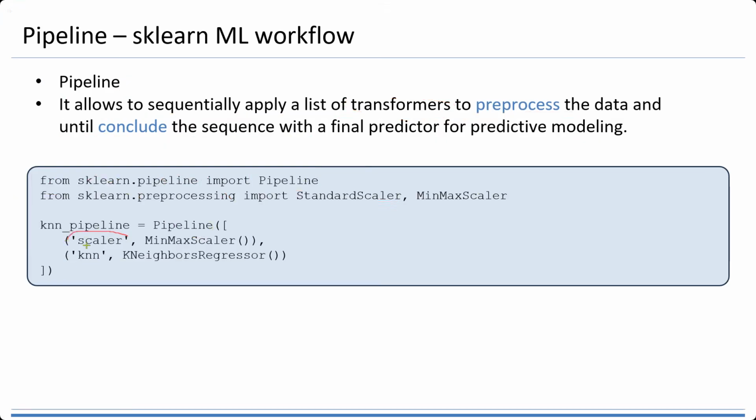I'm going to use the min-max scaler, and I'm going to use the KNN model, which is the K nearest neighbor regression. So if you look at this flow, it means I'm using the KNN pipeline. The pipeline will automatically apply this min-max scaler on your data, and then it will run the KNN as the modeling.